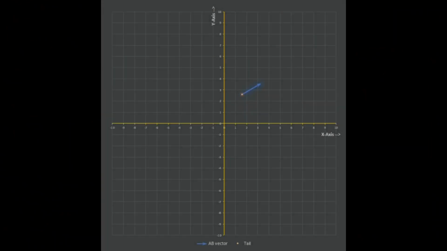All right, what you see here is the same plot that you saw. Now here we have a vector that is called AB, and where it has a tail. Let's call the tail as the starting point, and it's at 1.6, 2.6 in a coordinate.